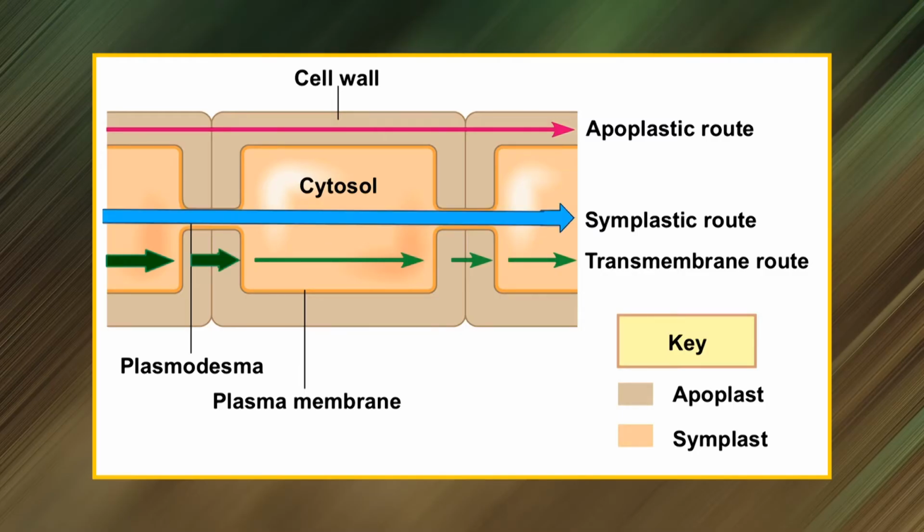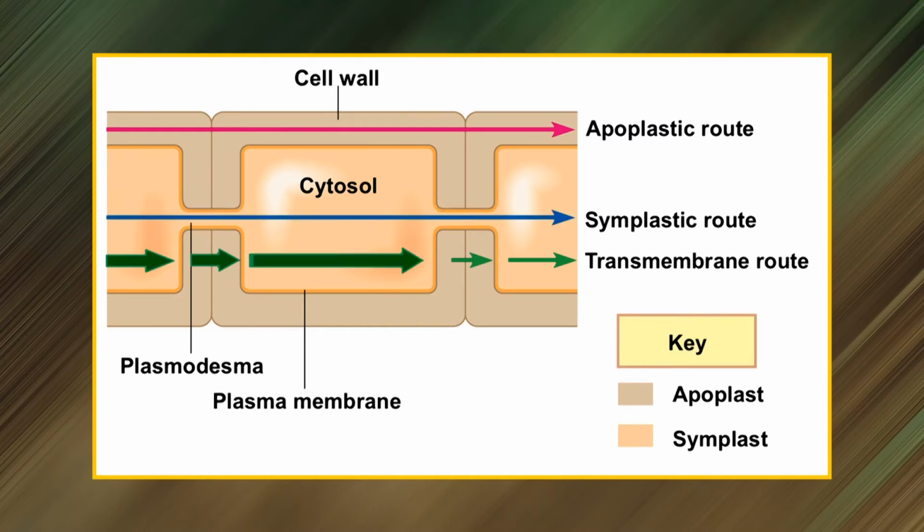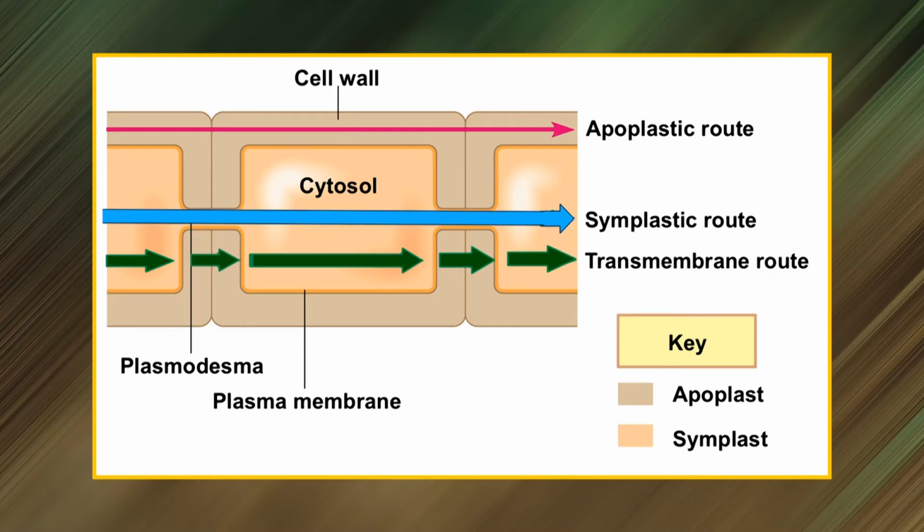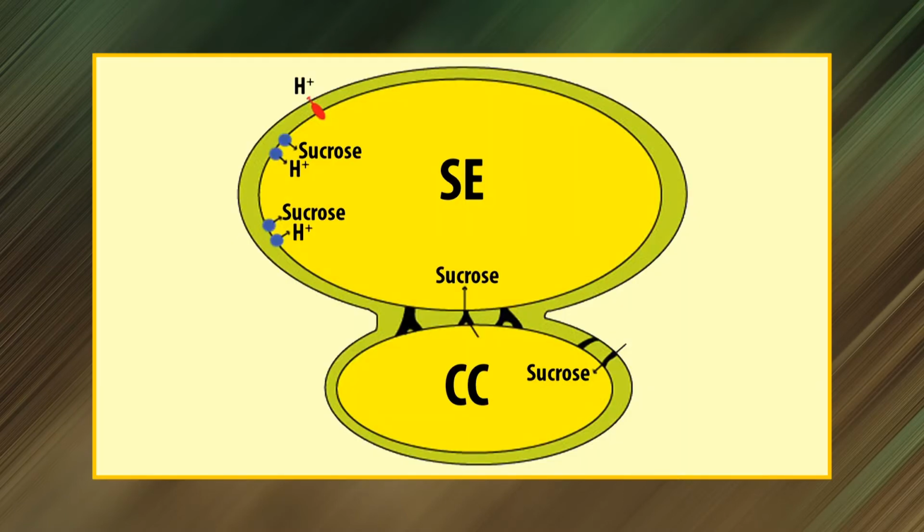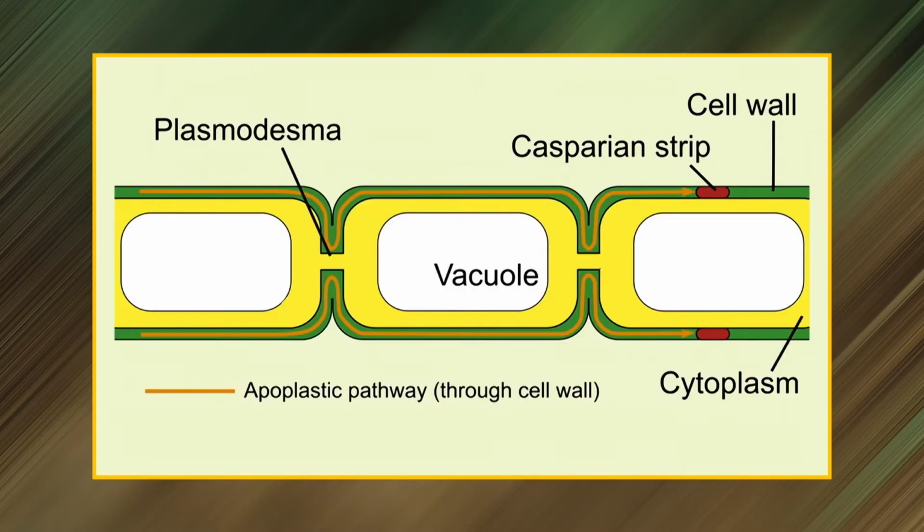Phloem unloading may occur through the symplast or plasmodesmata directly into the SECC complex, or sieve element companion cell complex. Alternatively, sucrose may be transported across the mesophyll cell membrane into the apoplastic space.